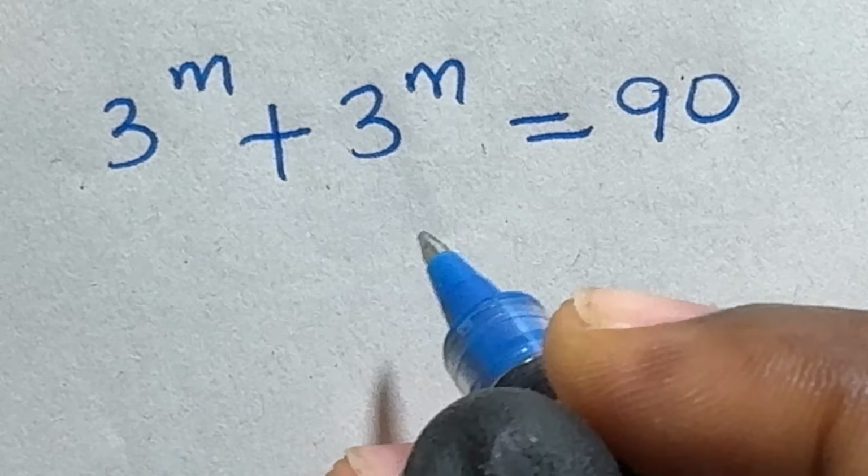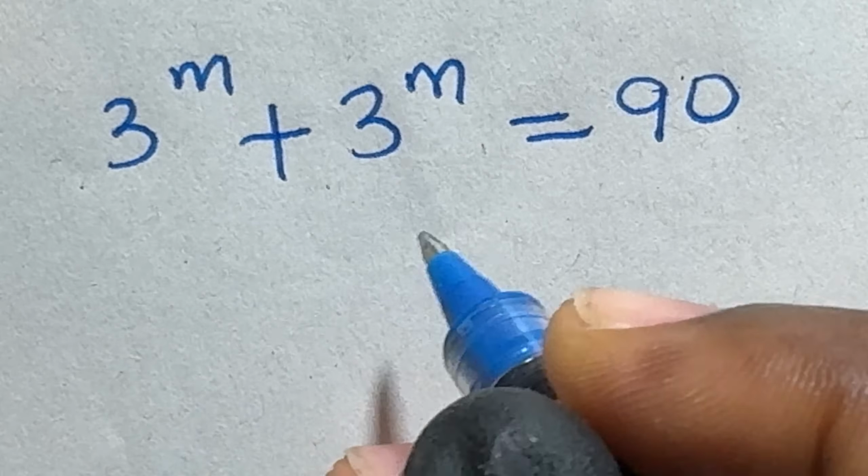And then to solve for m, we just need to add 2 to both sides. So that this takes care of this, and m is simply equal to log 5 base 3 plus 2, which can also be written as m is equal to 2 plus log 5 base 3. This is our final answer.